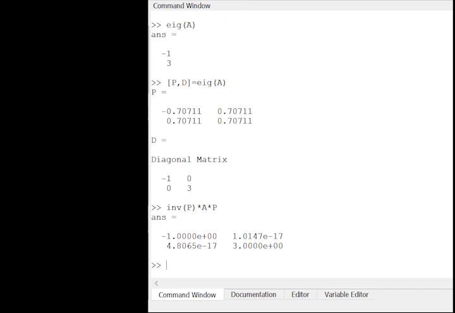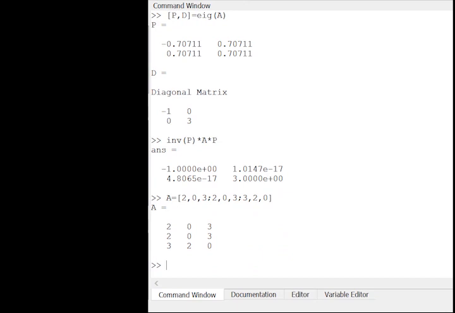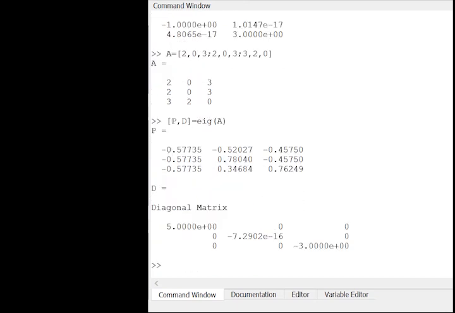Let's take a bigger matrix. So I had [2, 0, 3; 2, 0, 3; 3, 2, 0]. [P, D] equals eig(A). Notice that there's no natural order in which to return the eigenvalues. Here the eigenvalues are 5, 0, basically a very small number close to 0, negative 3.